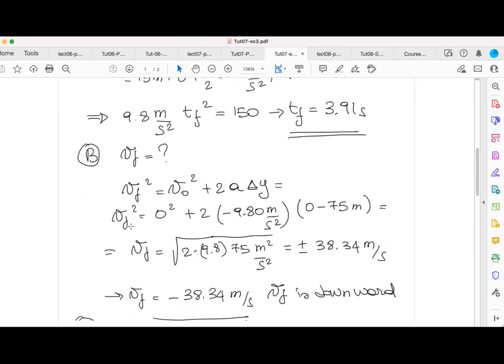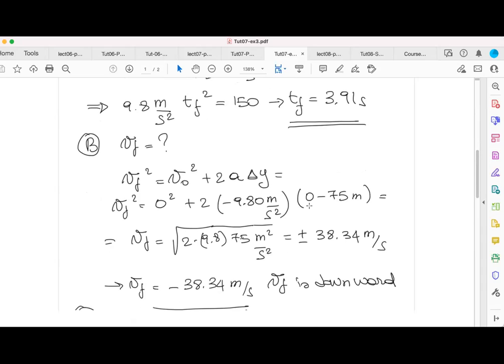In this case, final velocity squared is equal to initial velocity, which is 0, plus 2 times the acceleration, which is minus 9.80 meters per second squared, multiplied by delta y, which is final position minus initial position. Final position is 0 when we land on the floor, minus the initial position, minus 75.